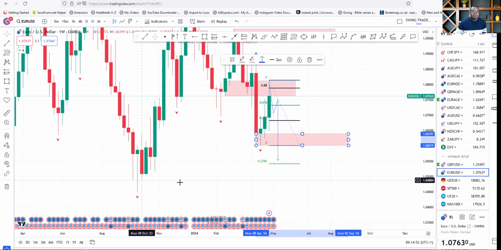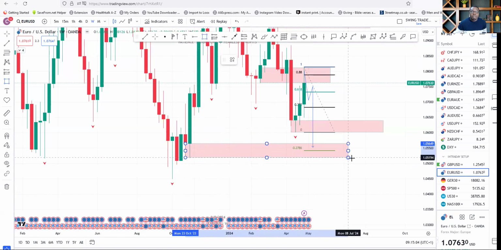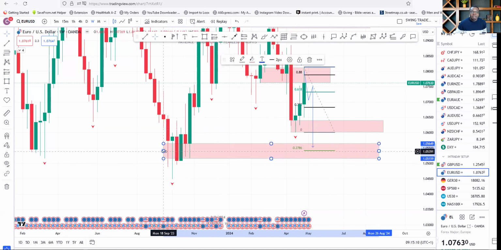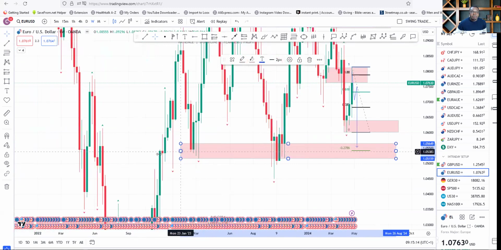That's number one. Number two, we can see that price also has this area. Okay, this area here on the weekly time frame is another strong area of potential resistance. So this one is stronger than the one we just marked, because if we take it to the left, you can see how strong that area is.